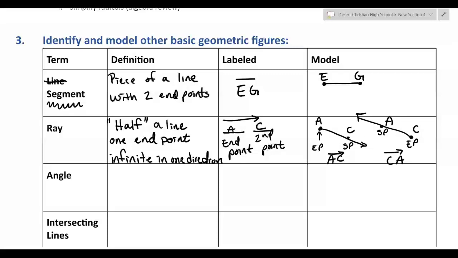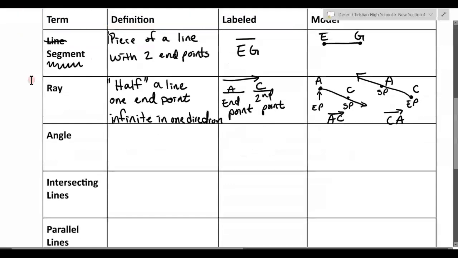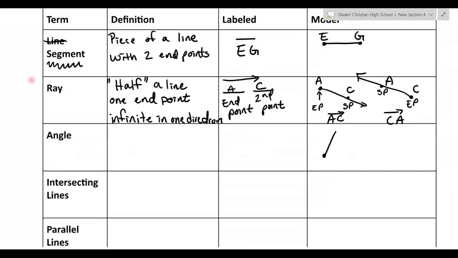All right, and then we took two rays and put them together. So for instance, I could take ray AC. We always need a second point to our ray to know which direction it's going. We can't name a ray with only one point. We always have to have 2 points, an endpoint and a second point.